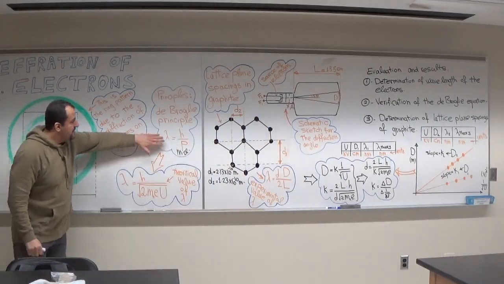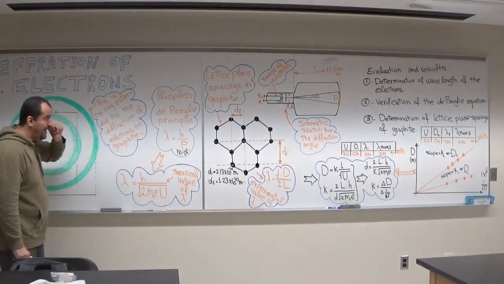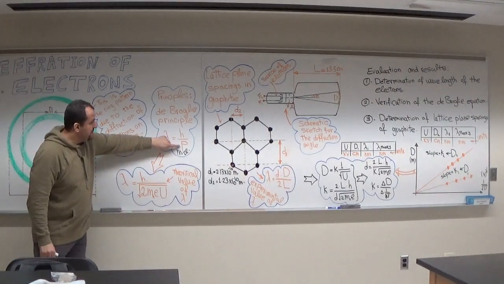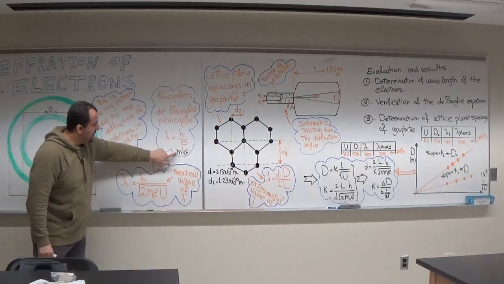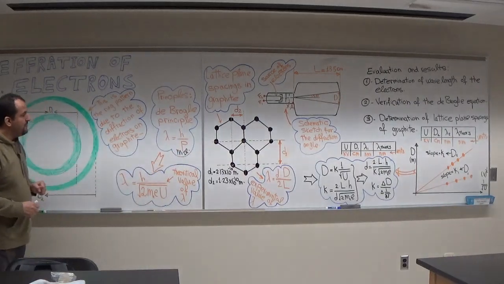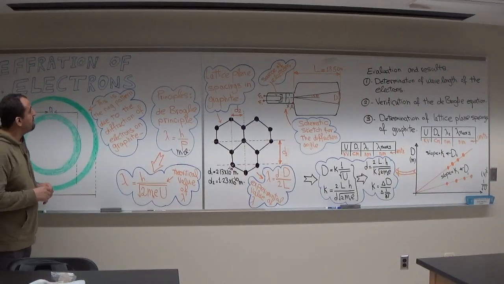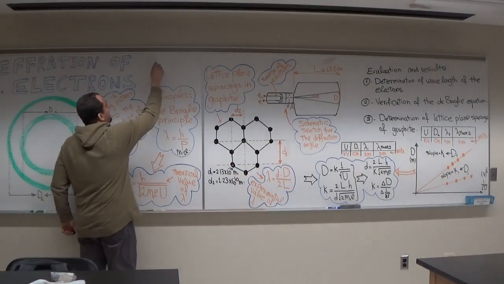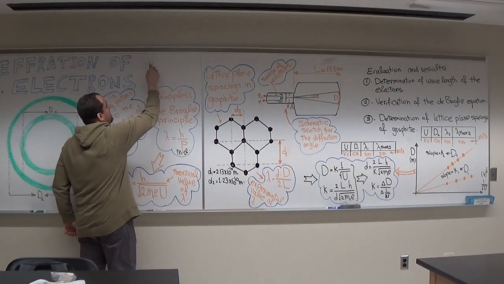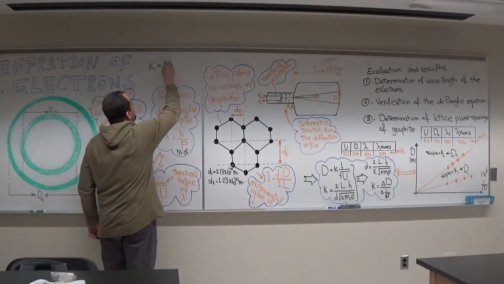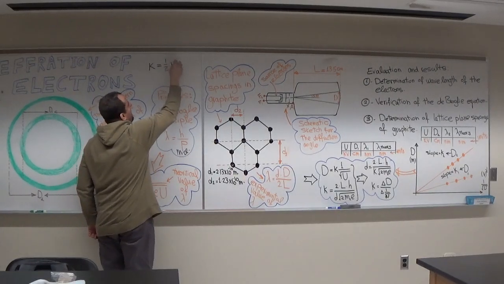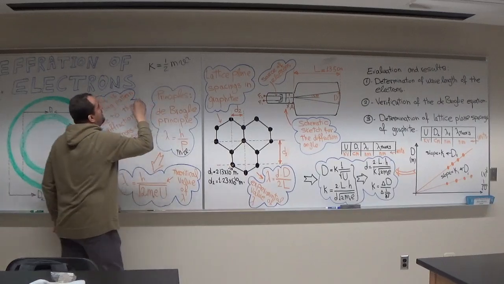If we start with the de Broglie equation and then try to substitute P with mv, what do we need to do here, guys? We need to link, so kinetic energy is equal to 1/2 mv squared.